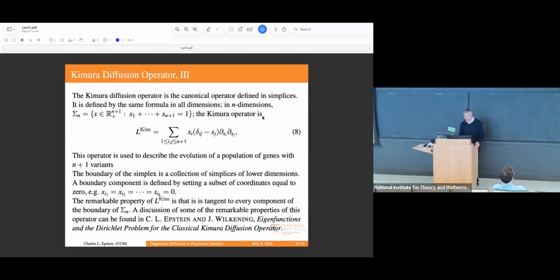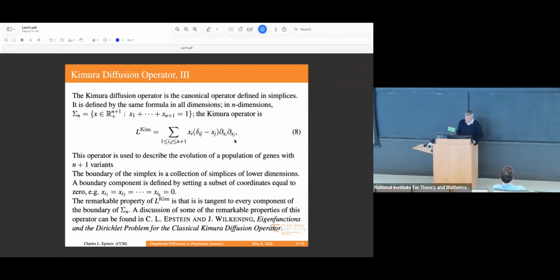The Kimura operator then has this formula, the second order part has this very simple formula. So it's xi delta ij minus xj, and then the second partial derivative dxi dxj. And that formula is the correct formula for any dimension simplex n. You get the same formula. It's like, this operator is very much like the Laplace operator. It doesn't matter what dimension you're working in, the formula is always exactly the same.